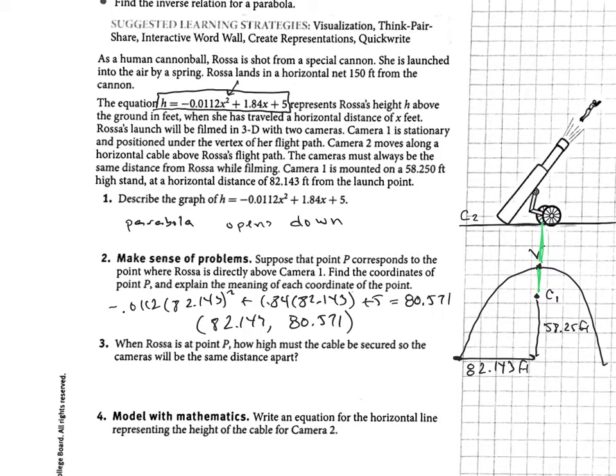So if we take that y value that we just calculated, 80.571, and subtract how high camera one is, 58.250, that gives you right around 22.321. And then we're going to add that back to that 80 number because we want to go higher. And so this value is another important value. This is 102.892 feet.